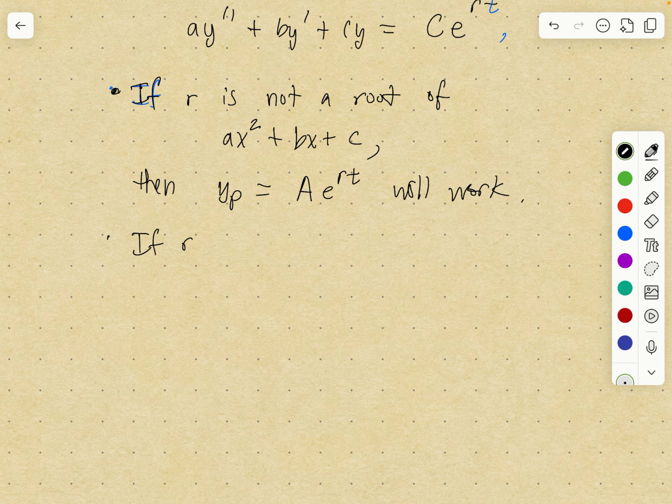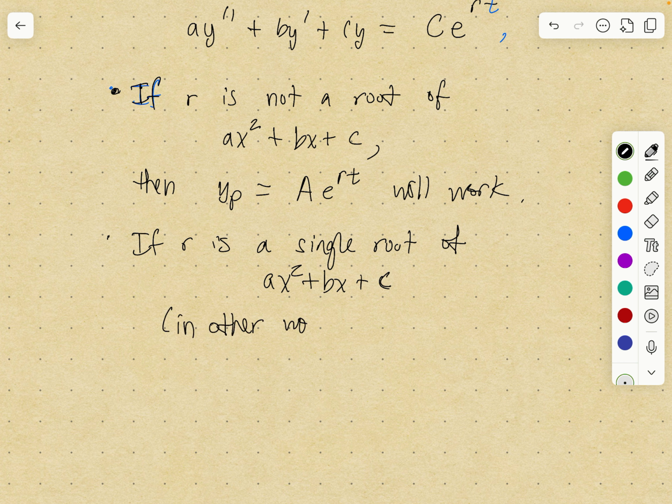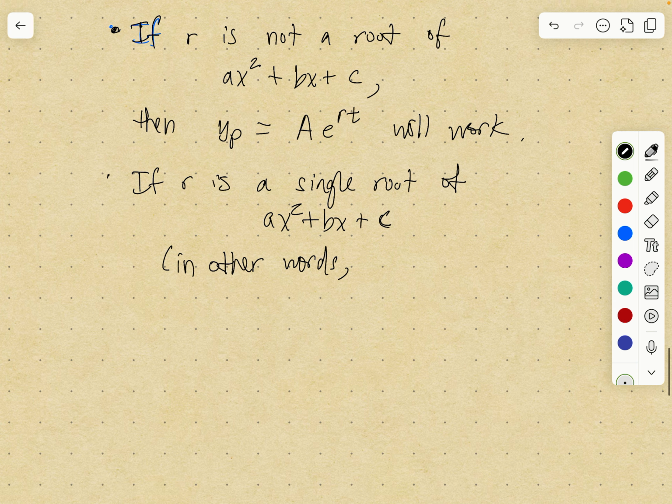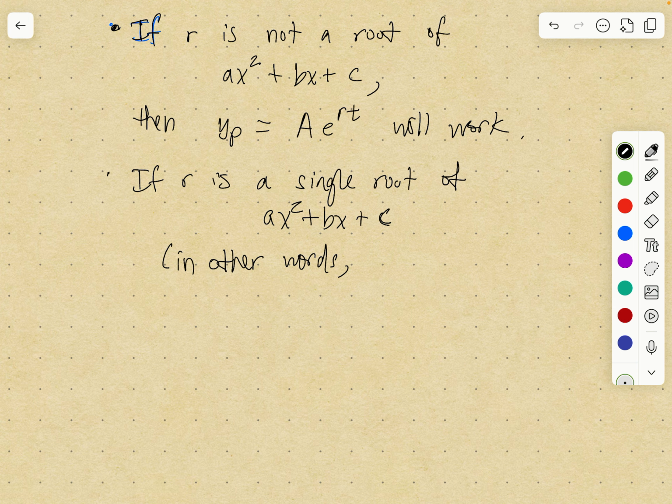If r is a single root of this thing, let's just recall what that means. In other words, this polynomial ax squared plus bx plus c factors as a times x minus r times x minus something other than r, say s, and r is not equal to s.